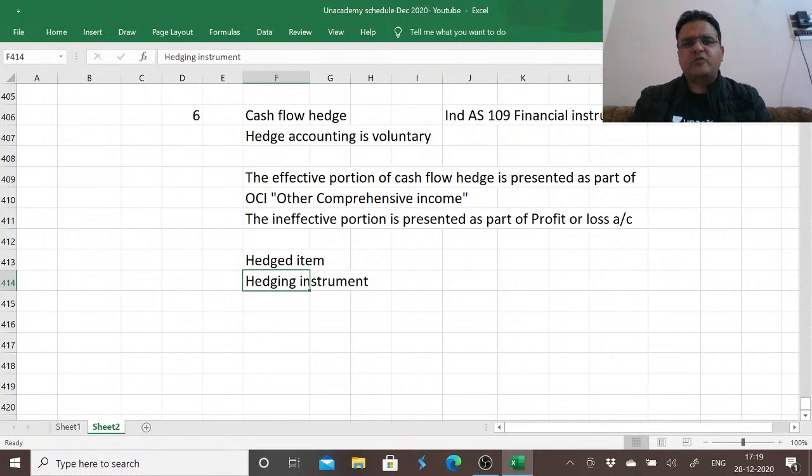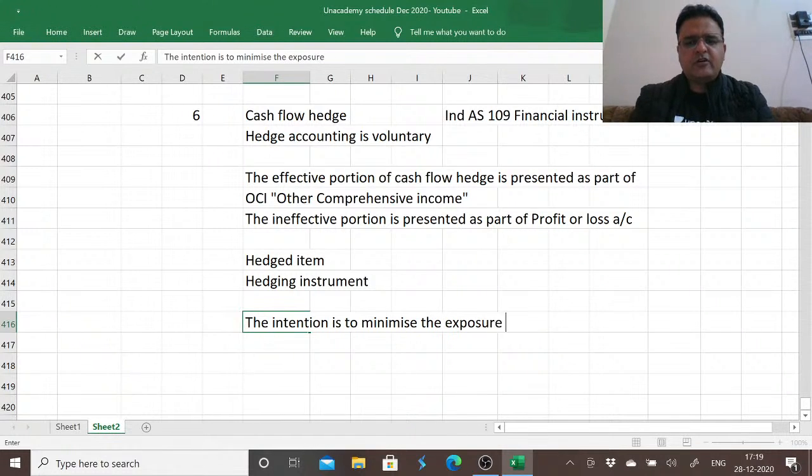If it meets this quality and there is a hedging relationship between them, then only we do hedge accounting. So the intention is not to gain out of it, the intention is to minimize the exposure to risk.